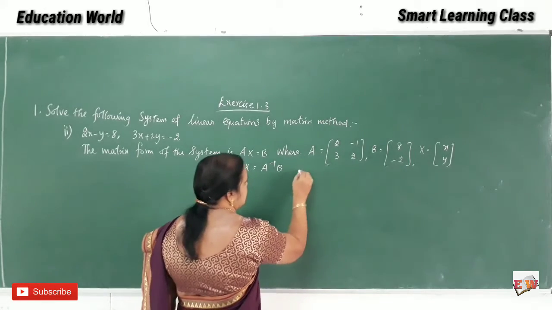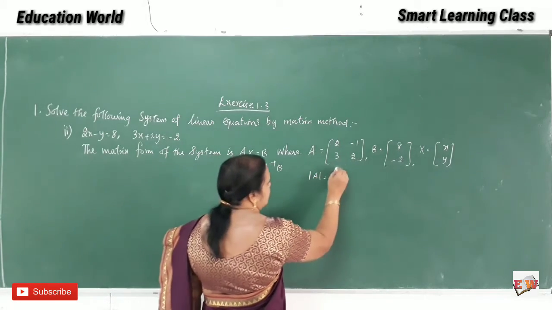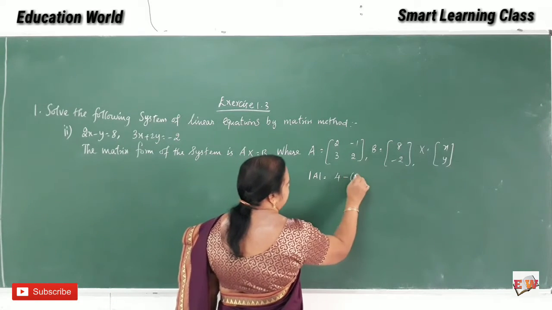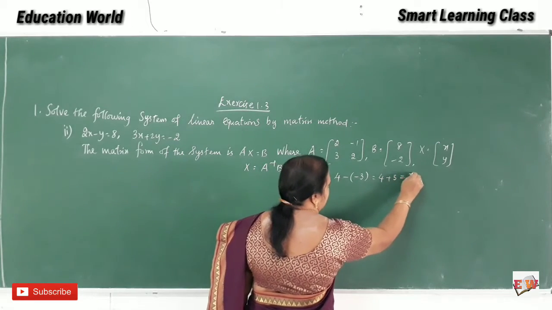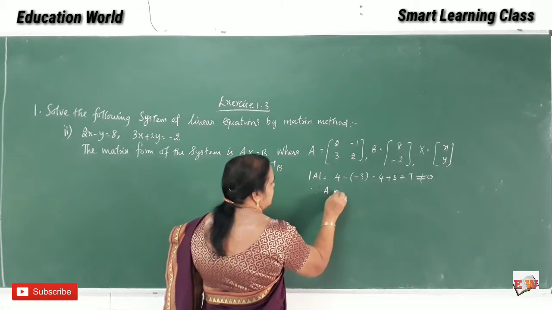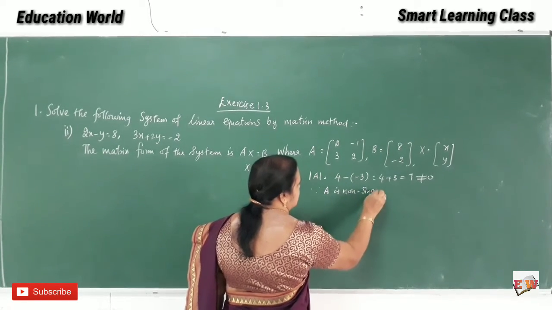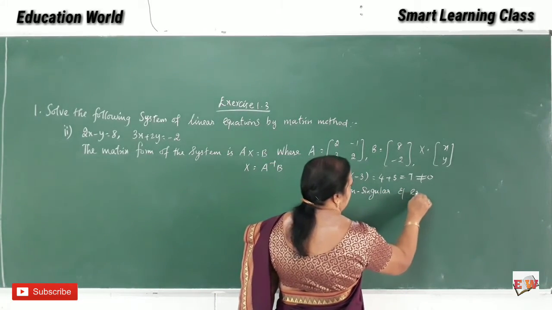A inverse means before that we have to find the determinant value. 2 into 2, 4, minus minus 1 into 3: 4 plus 3 is equal to 7, not equal to 0. So A is non-singular and A inverse exists.